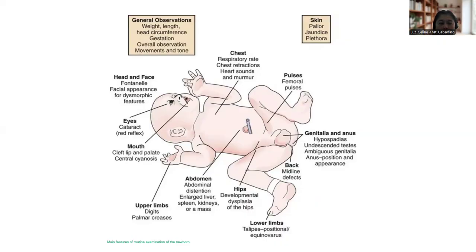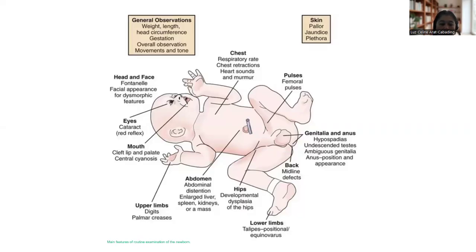When we start with the head, we look at the face. Now, in the head, very distinct for a newborn is the presence of the fontanelle. We look at the face if there are any dysmorphic features. We go specific, we look at the eyes. Is it blinking? We look at the mouth.